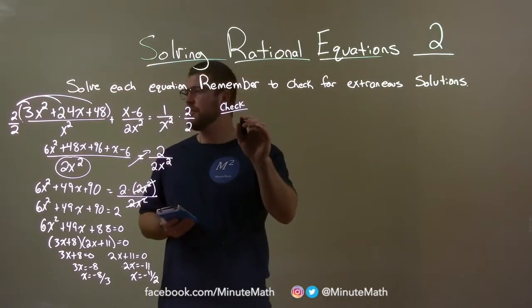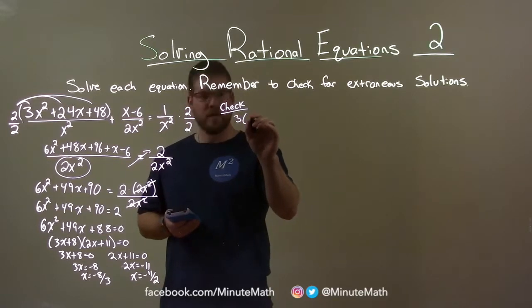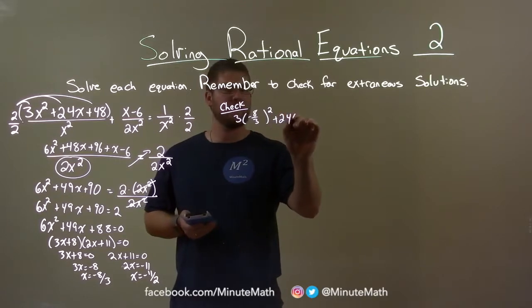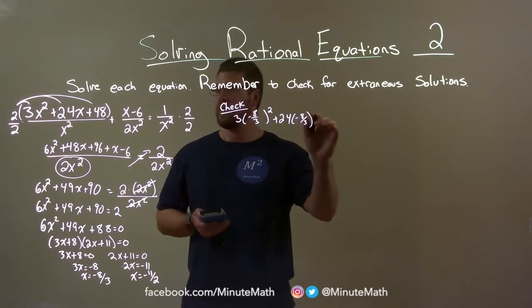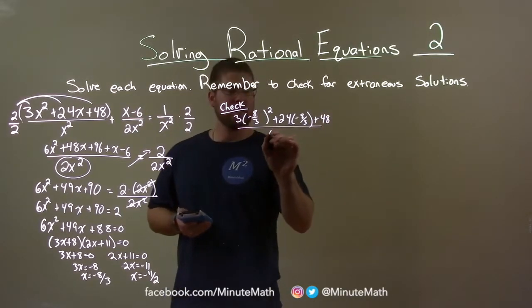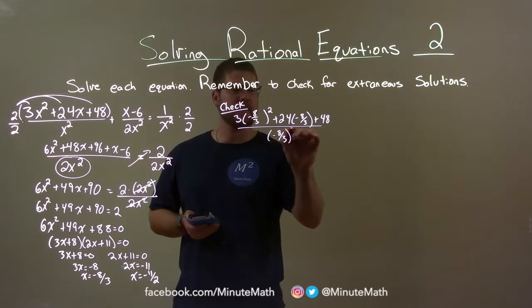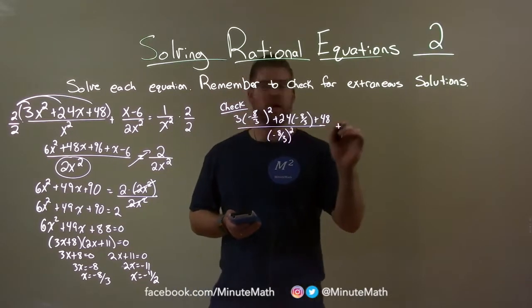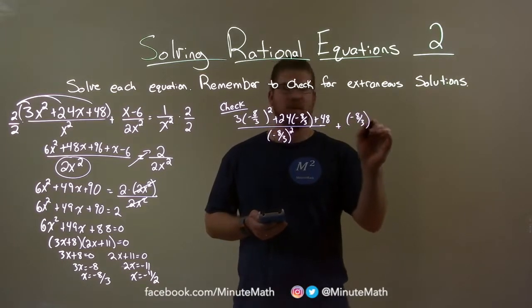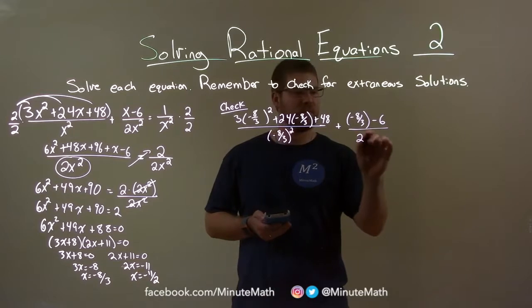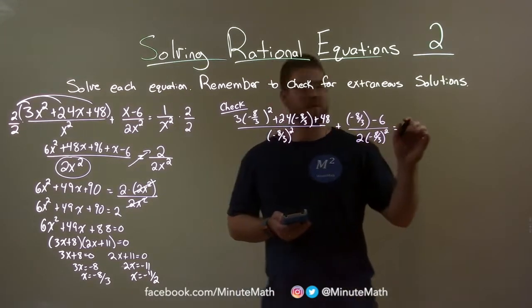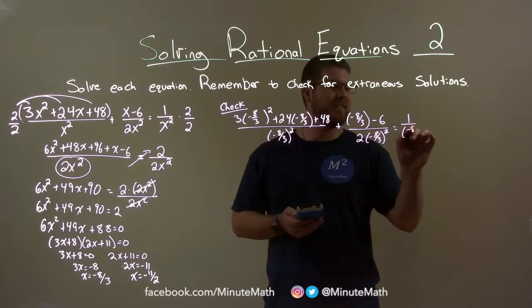So first, 3 times negative 8/3 squared, plus 24 times negative 8/3, plus 48, over negative 8/3 squared, plus negative 8/3, minus 6 over 2 times negative 8/3 squared, is equal to 1 over negative 8/3.